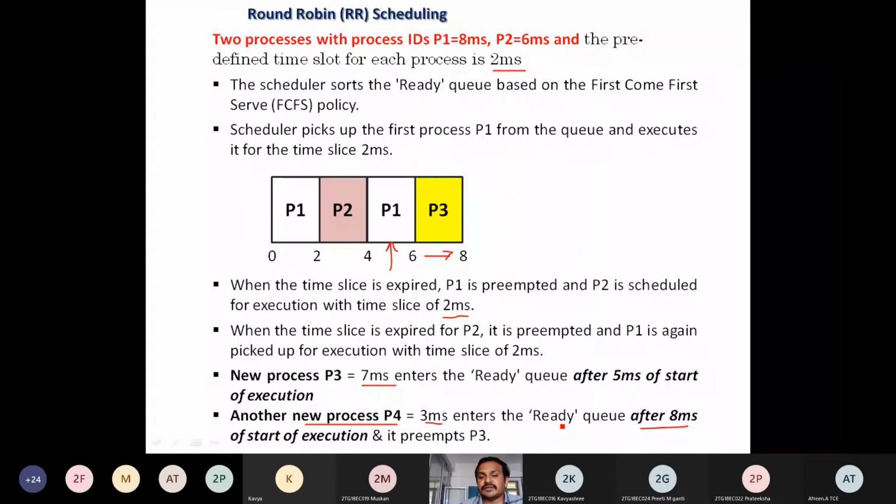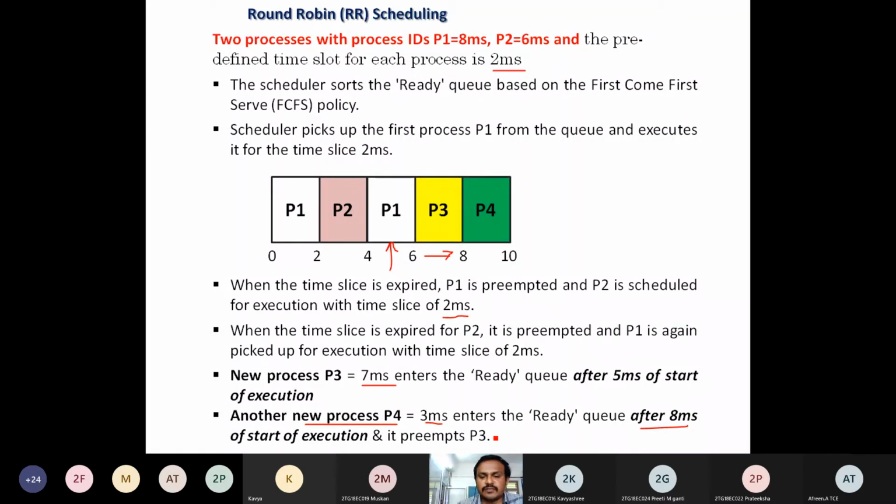So what is going to happen? After 8 milliseconds, which one is allocated? P3, then it is P1 once again. So what is going to happen here? Instead of the next process or the previously preempted process, here the time is given for P4, because at the 8th millisecond, P4 is the one that entered the queue.